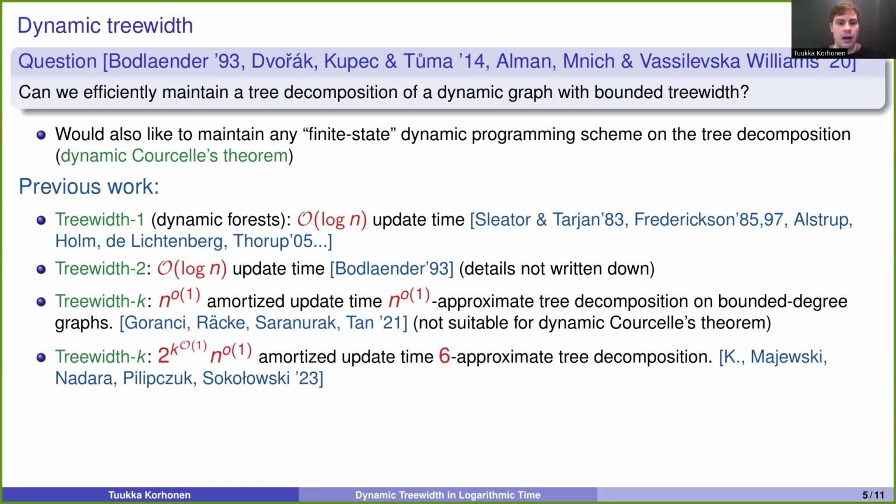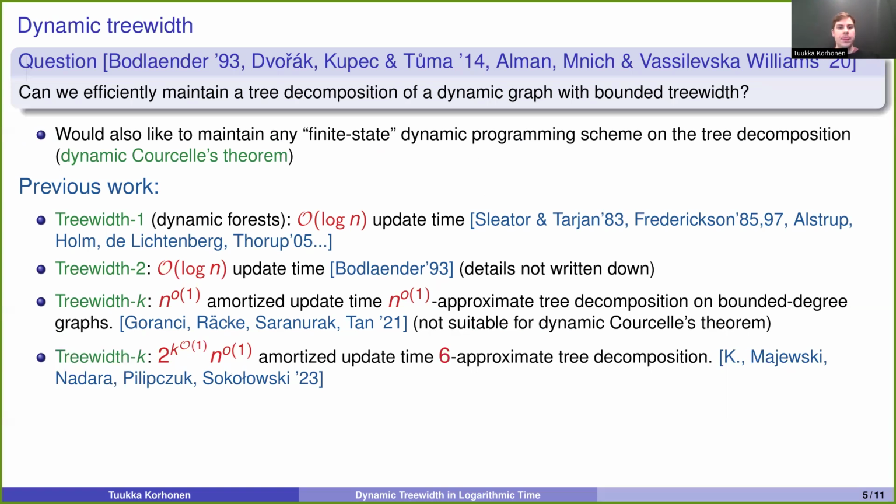Then 2 years ago, me and co-authors did the first dynamic tree decomposition data structure that works for any value of Treewidth and maintains a constant approximate tree decomposition. So we managed to get a 6-approximate tree decomposition with update time that is subpolynomial in n when k is fixed. There's some dependency on k, which is quite high. Yeah, and this gives indeed dynamic Courcelle's theorem in this kind of subpoly n amortized time.